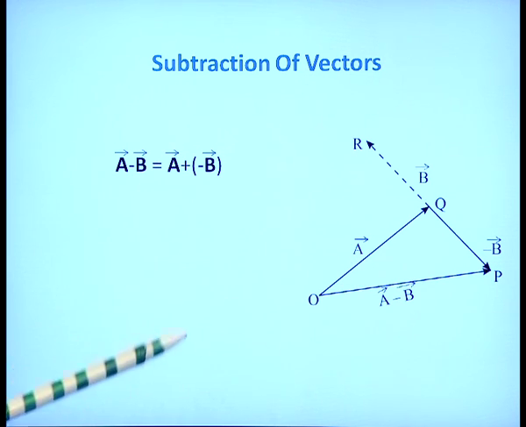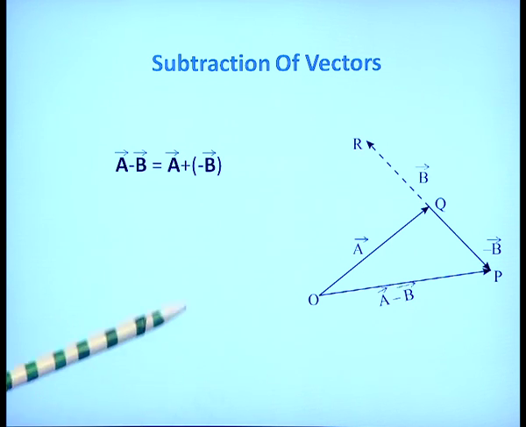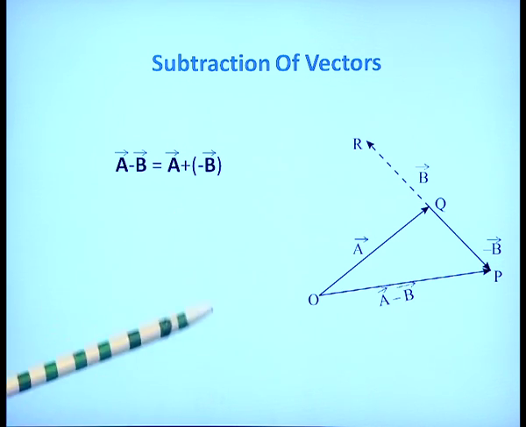According to the triangle law, OQ and QP represent two sides of a triangle OQP. Hence, the third side, that is OP, taken in opposite order will give the resultant A minus B or A plus minus B. This is how you can subtract two vectors.